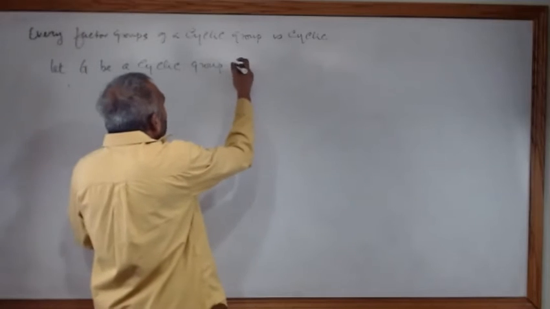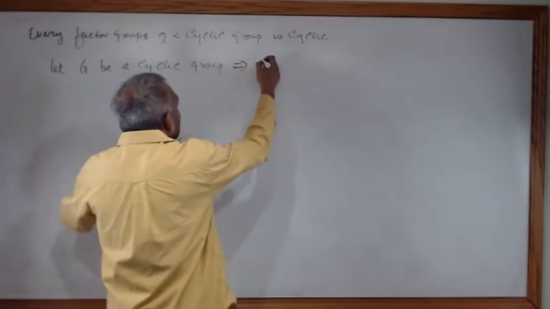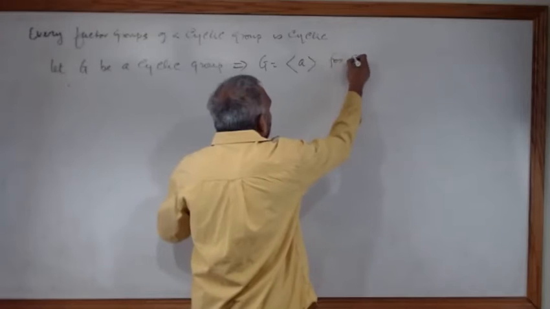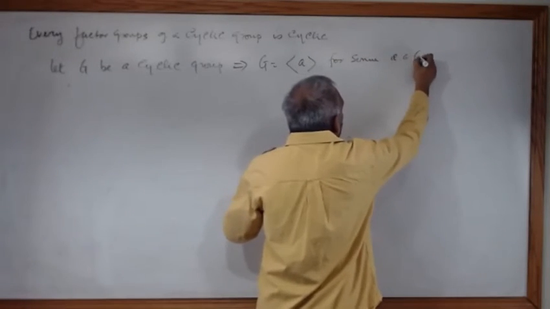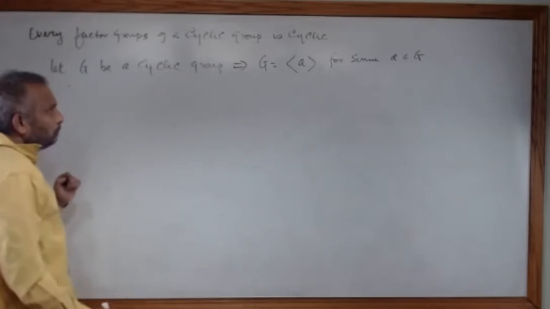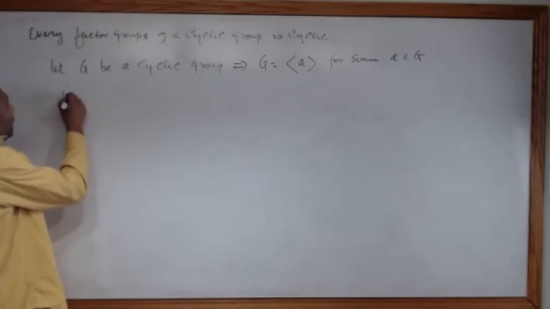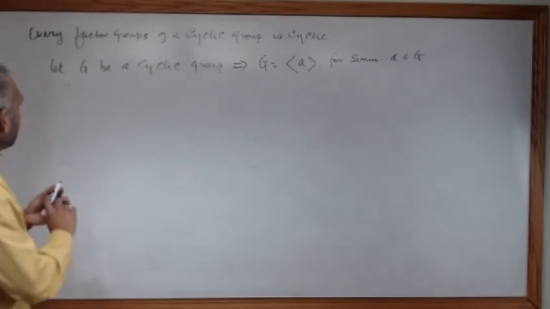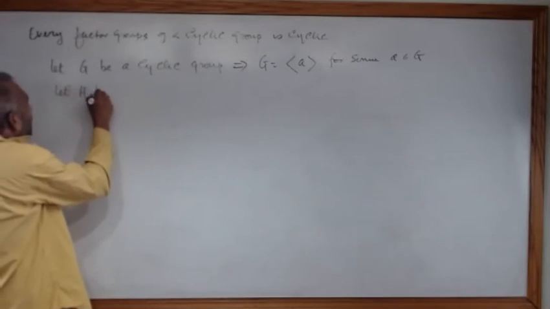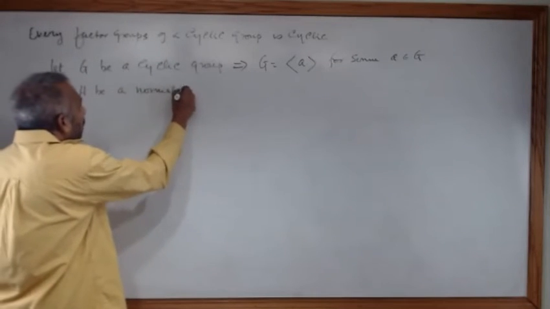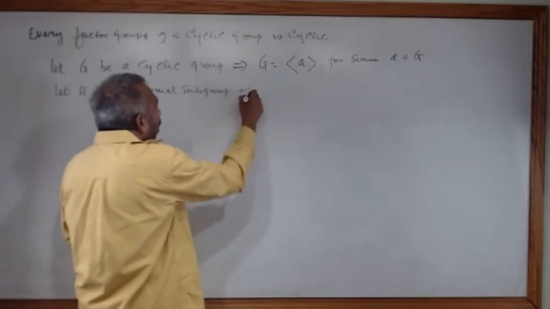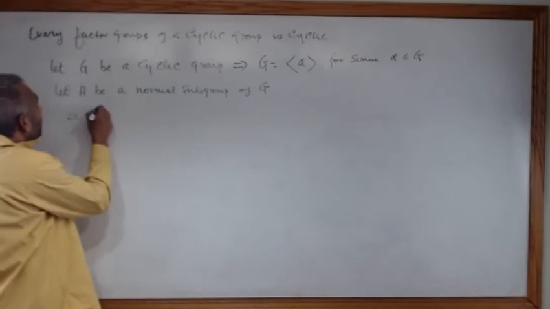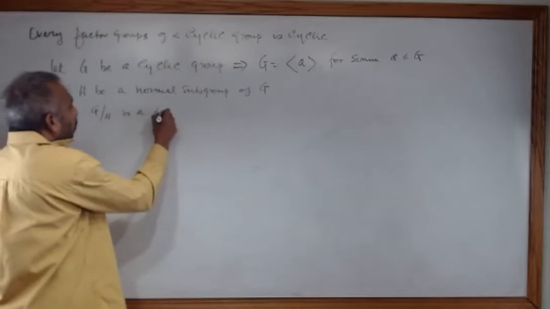And that implies G is equal to the group generated by an element A, for some A belongs to G. So let H be a normal subgroup of G. That means G over H is a factor group.